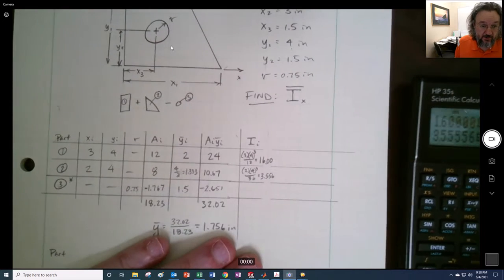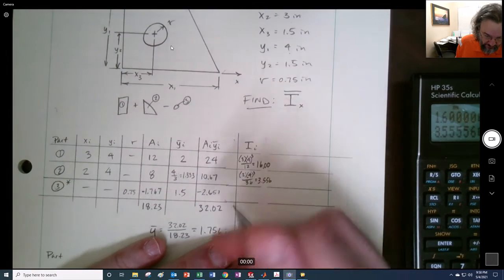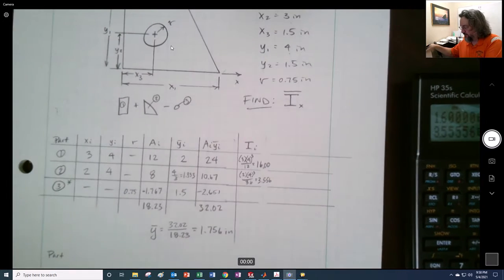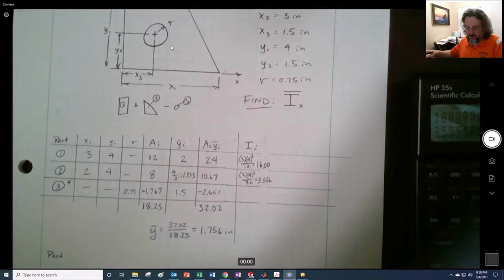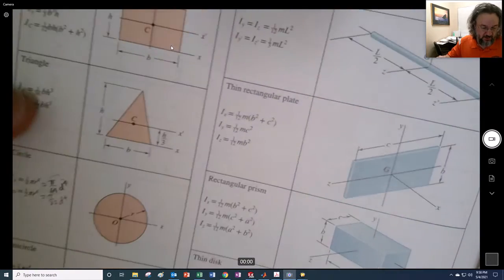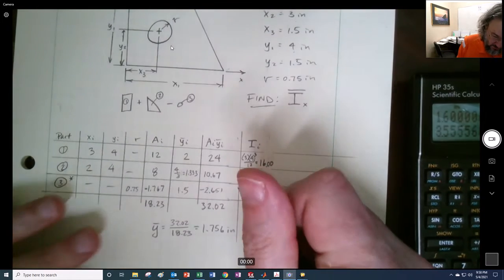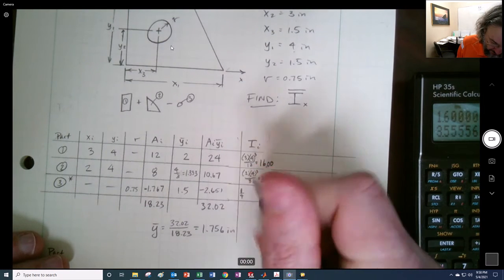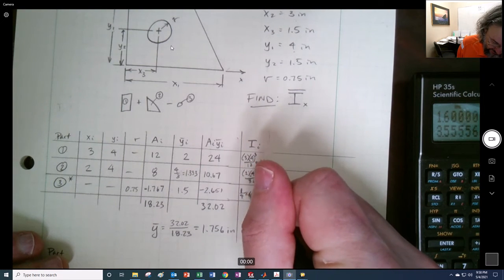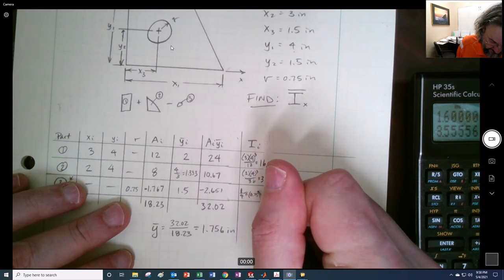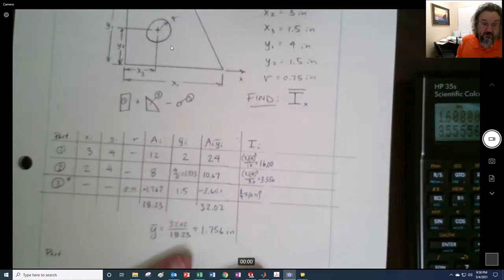And then here, I'm going to get the circle, which is going to be, what do we say? I've got to look again. I usually use pi, yeah, okay. So that is 1/4 pi r to the fourth. So 1/4 pi and 0.75 to the fourth.